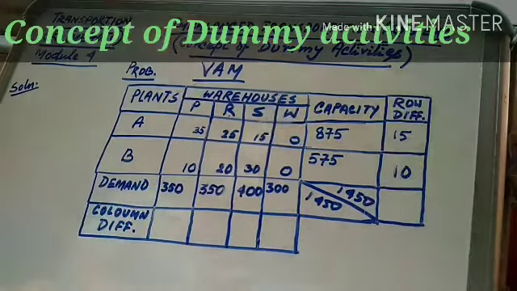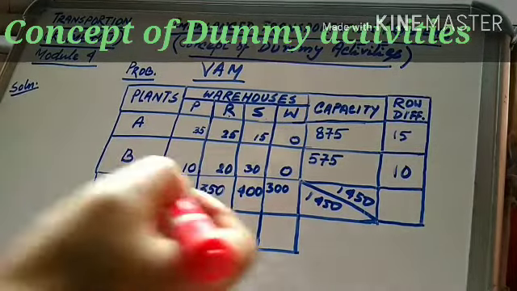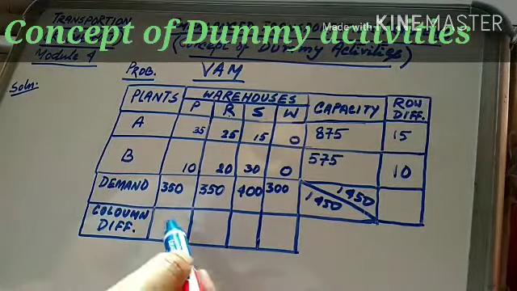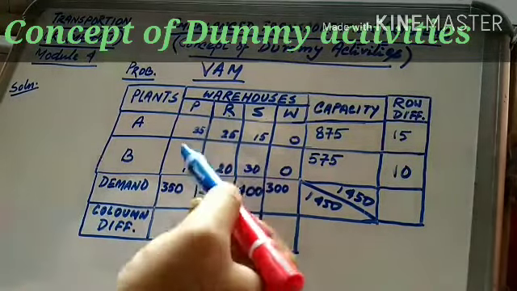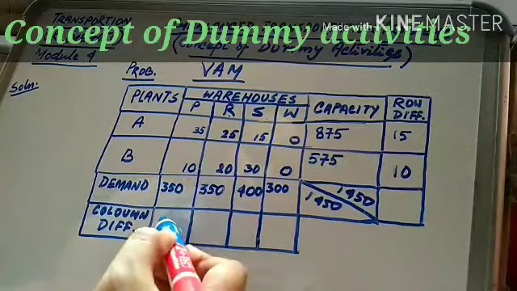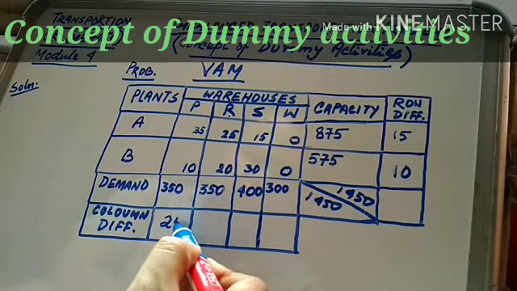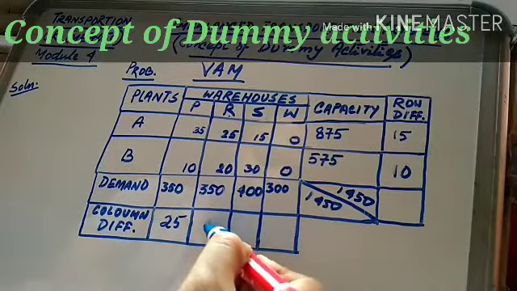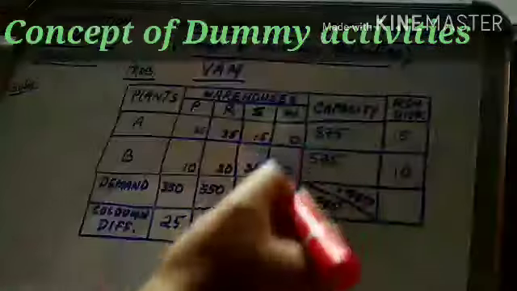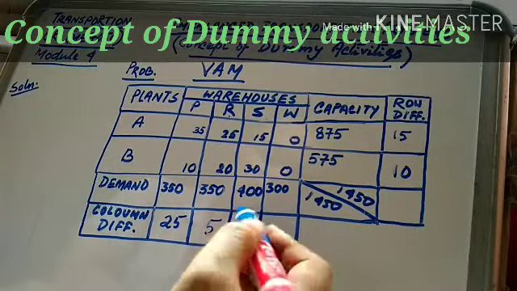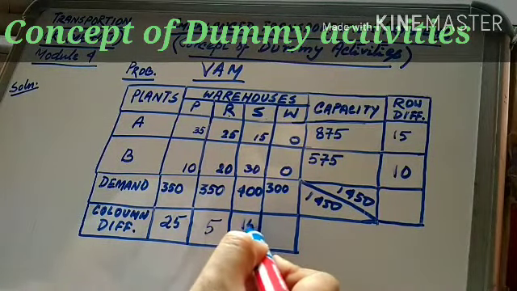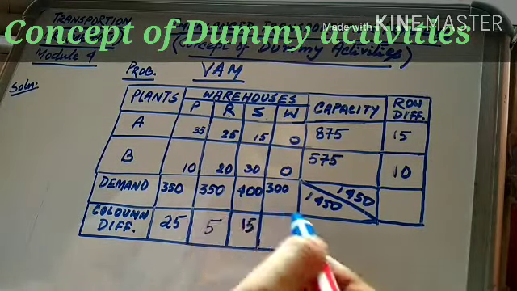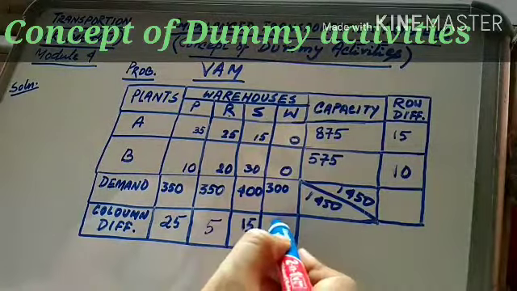Now we have to calculate the column difference. 35 and 10 gives you 25. For this particular column, 20 and 25 gives you 5. Now for this particular column, we have got 15. Now for this particular column, 0 and 0 gives you 0.